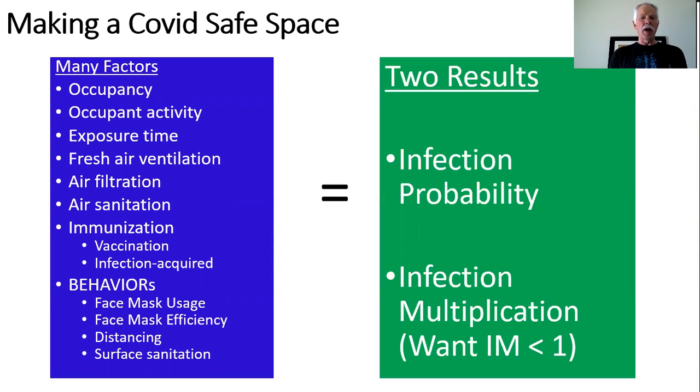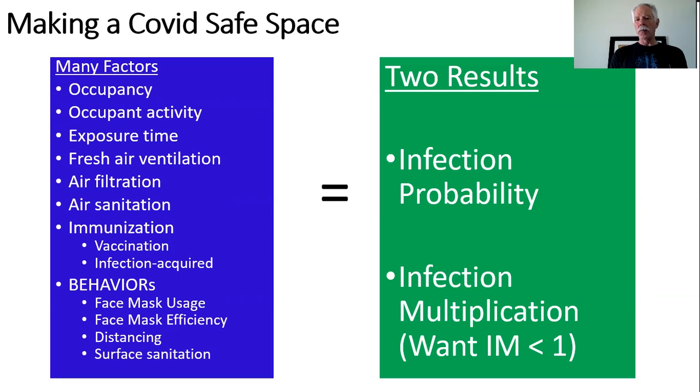And then, second, how many people that infectious person is likely to make sick. It's this infection multiplier that's the most important as far as stopping the current pandemic. We need to get the infection multiplier below 1 in all indoor spaces.